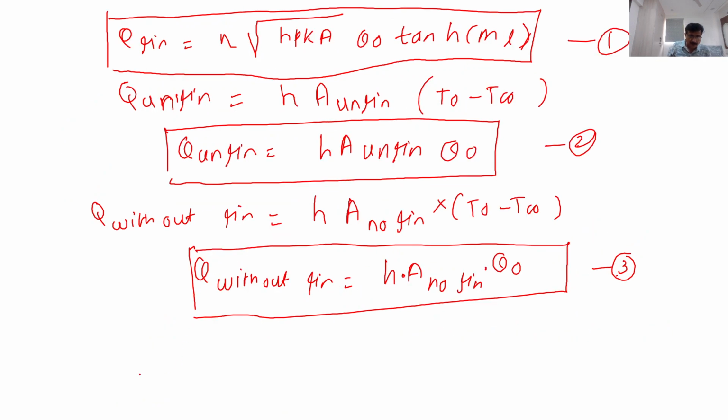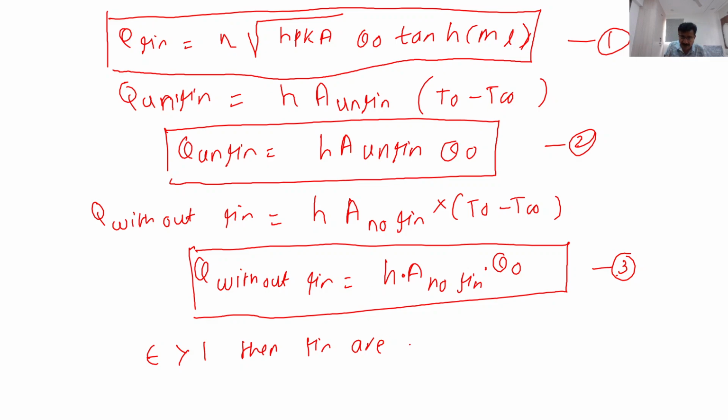Now, it is very important. Sometimes they will ask whether the fins are effective in your case, that is numerical. If effectiveness is greater than 1, then fins are serving the purpose. Means for which purpose the fins are fitted, that is to increase the heat transfer rate, that purpose is satisfied.